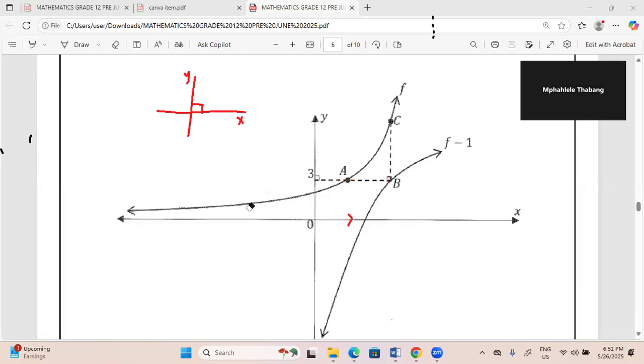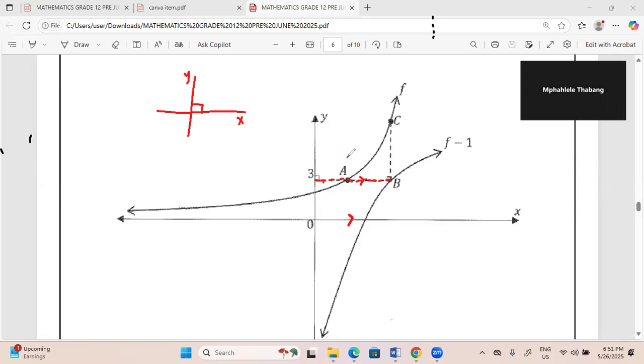If this line is parallel to the x-axis, it means this line is a horizontal line, because the x-axis is a horizontal line. Now, just because the line is horizontal, the y coordinate will not change along the horizontal line.